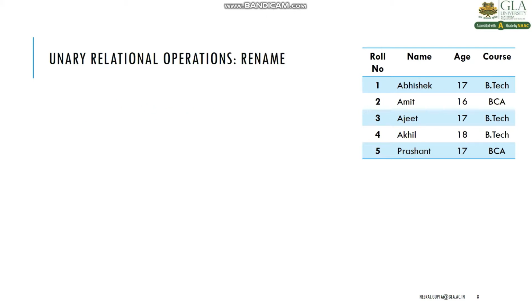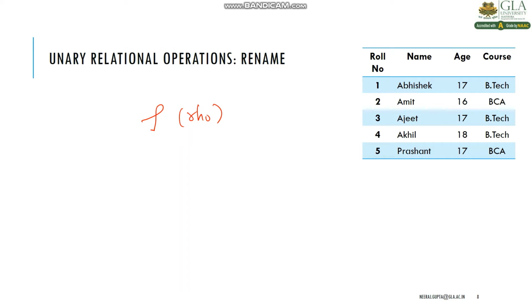Next is the rename operator. The rename operator is denoted by rho, which is pronounced as rho, and this is used to change the name of a relation and relation attributes. It is useful for multiple operations, and we will see in the join that we require this rho operator.